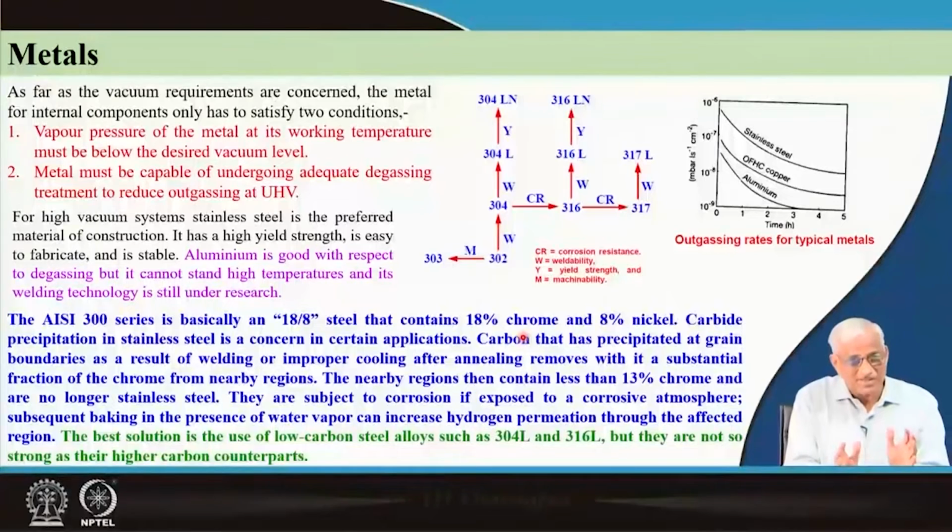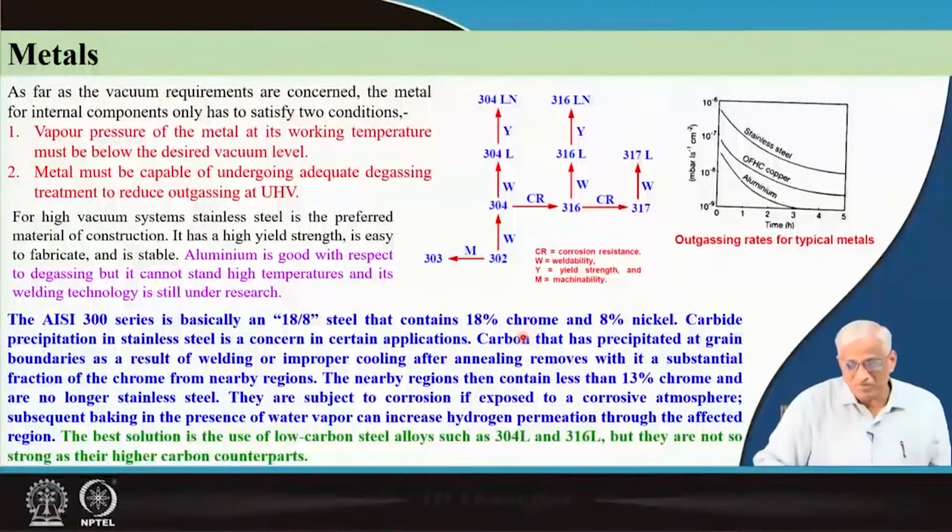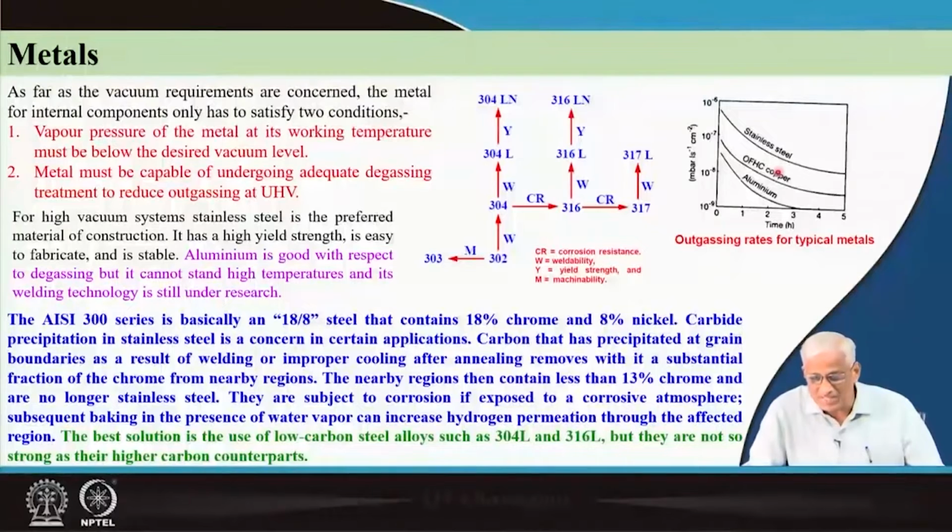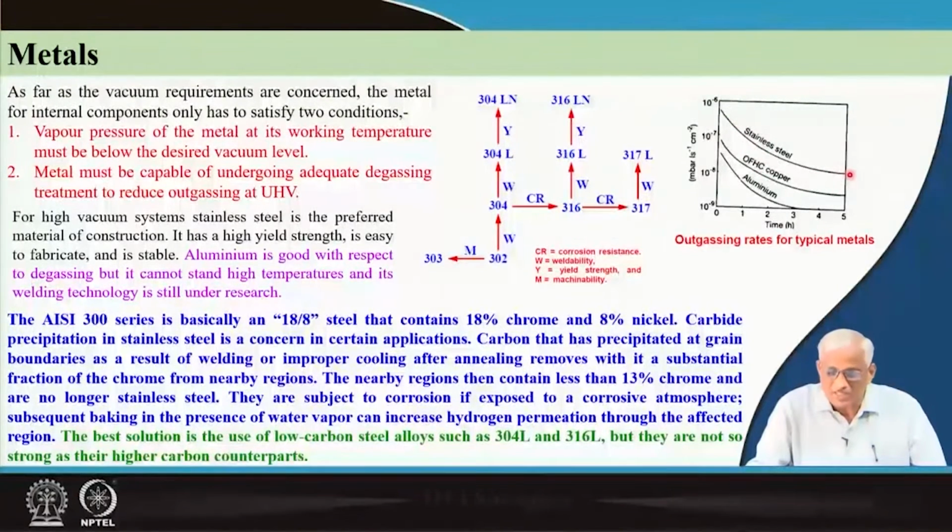So all these metals have to be suitably modified to match your vacuum applications. When you look at the right side, stainless steel degasses over a period of time and finally saturates. But if you observe carefully, aluminum is the best, it degasses very little. Copper is next best, but we will not use copper in making vessels, it is quite costly.